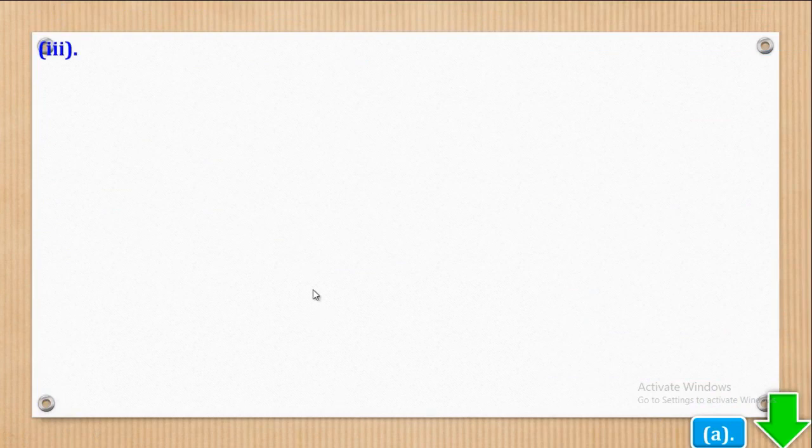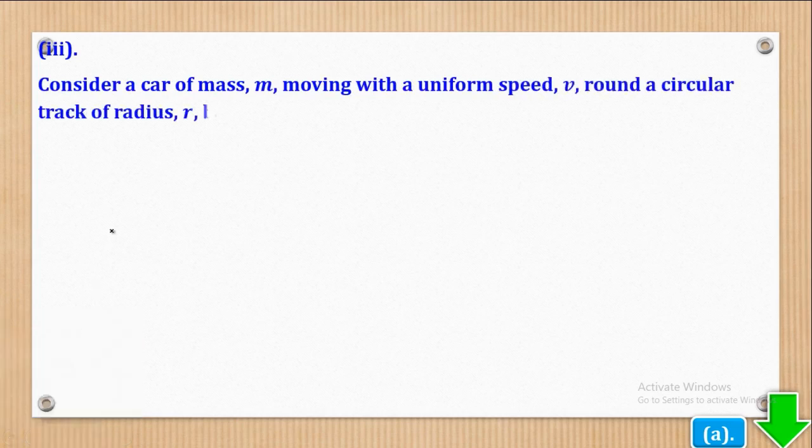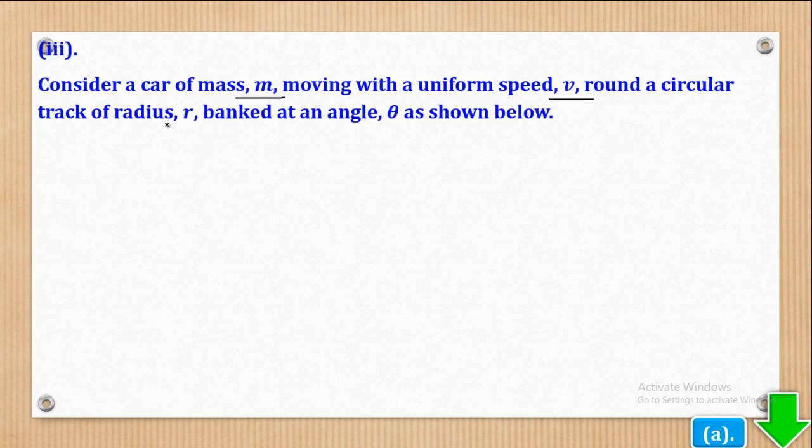Now here they didn't define any parameter to be used, so we have to first define every parameter which we are going to use. So you have said that consider a car of mass m moving with a uniform speed v round a circular track of radius r banked at an angle theta as shown below.